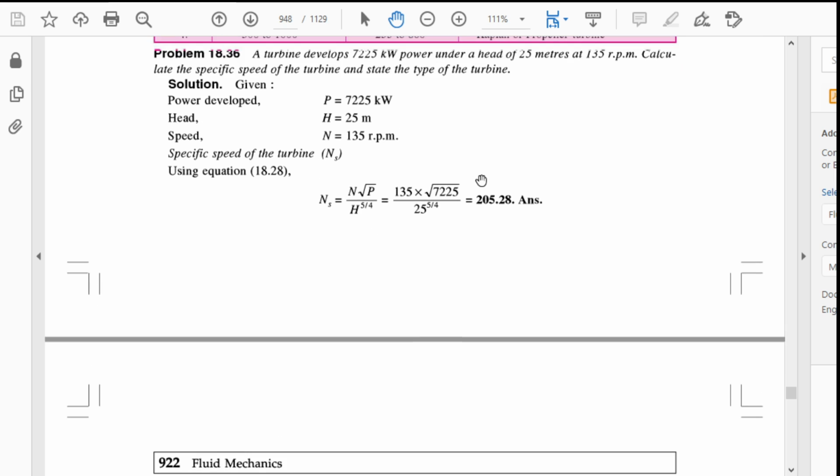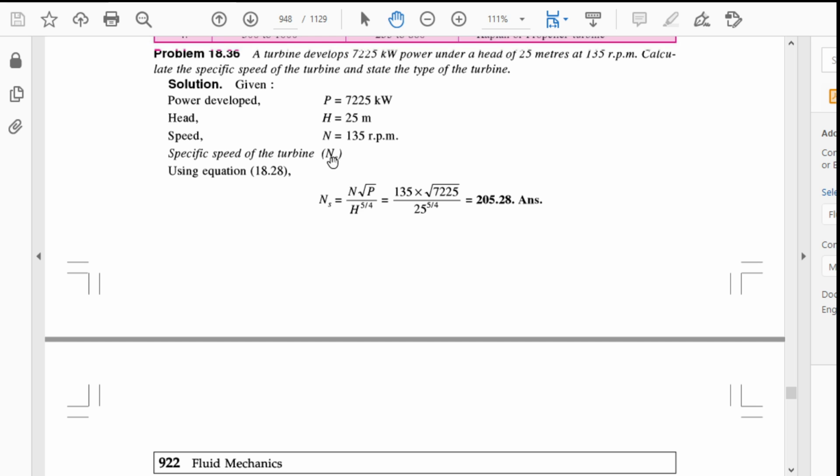Now, in this numerical, you can see that the power developed by the turbine is given as 7225 kilowatts, the head is 25 meters, and the speed is 135. So N is 135, H is 25, P is 7225 kilowatts.